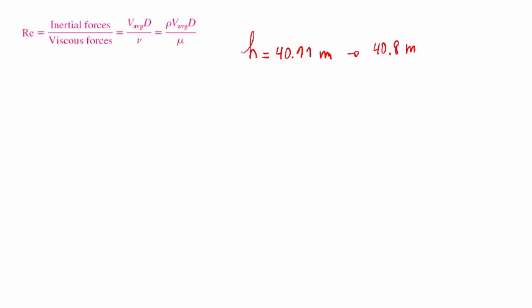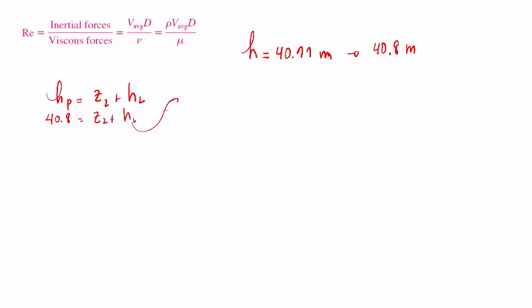Okay, so going back to the expression, the simplified expression for energy, H equals C2 plus HL. This is 40.8 equals C2 plus HL.